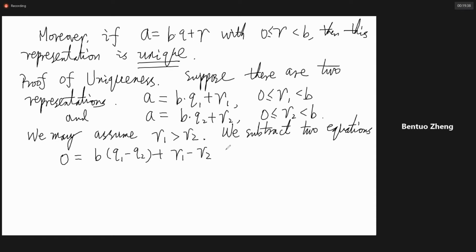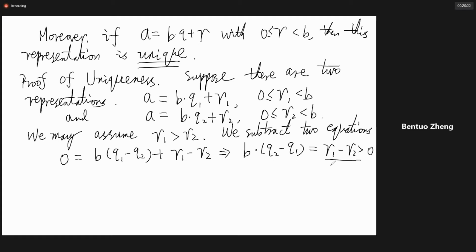Then this implies B times (Q2 minus Q1) is equal to R1 minus R2. You should remember this is greater than 0 because R1 is greater than R2. This is because we just move B times (Q1 minus Q2) to the left-hand side, change the sign, and you get B times (Q2 minus Q1) is equal to R1 minus R2.